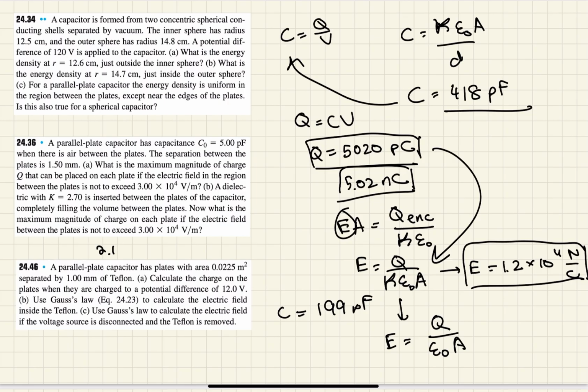And Q is still 5,020 picocoulombs. Epsilon naught is 8.85 times 10 to the negative 12. Area is 0.0225. And so you can solve for it. So we didn't really need to find capacitance, but it's good to solve for that. You're going to get 2.52 times 10 to the power 4 newtons per coulomb.